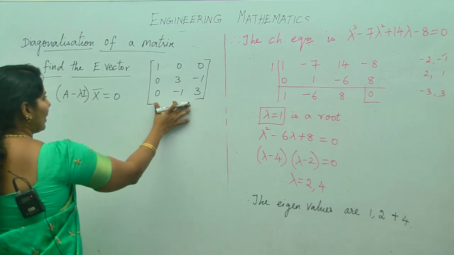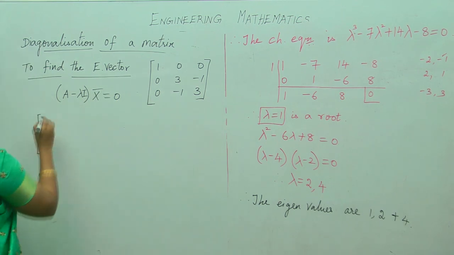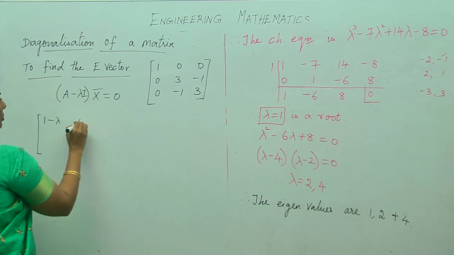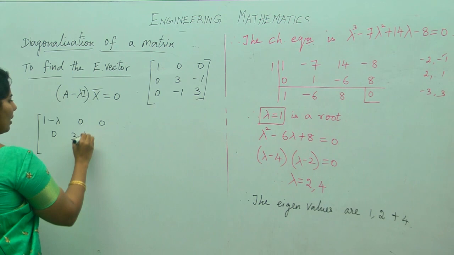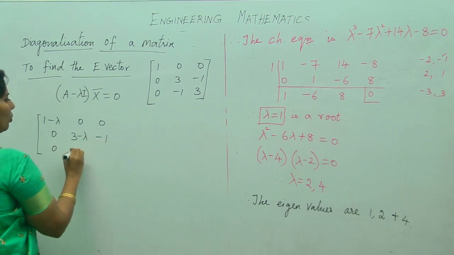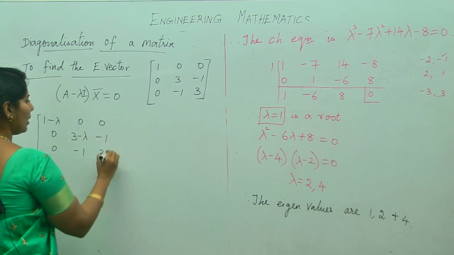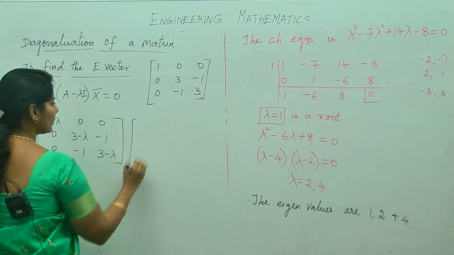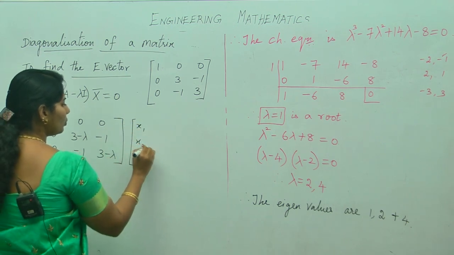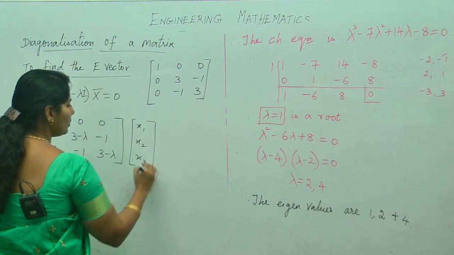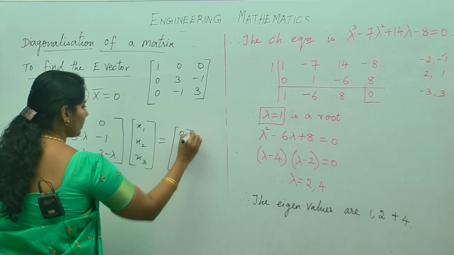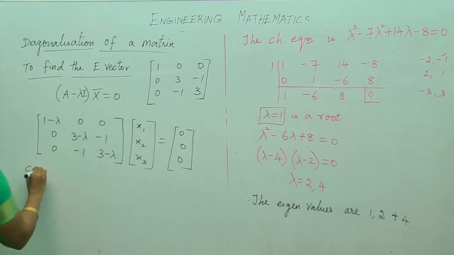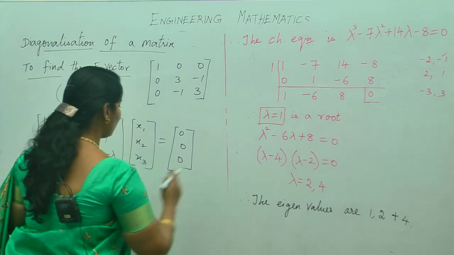So, this is the matrix A. So, how will you get it? 1 minus lambda 0 0, 0 3 minus lambda minus 1, 0 minus 1 3 minus lambda into x1, x2, x3, which is equals to 0, 0, 0. Now, what is the first case? Case 1, when lambda is equals to 1.